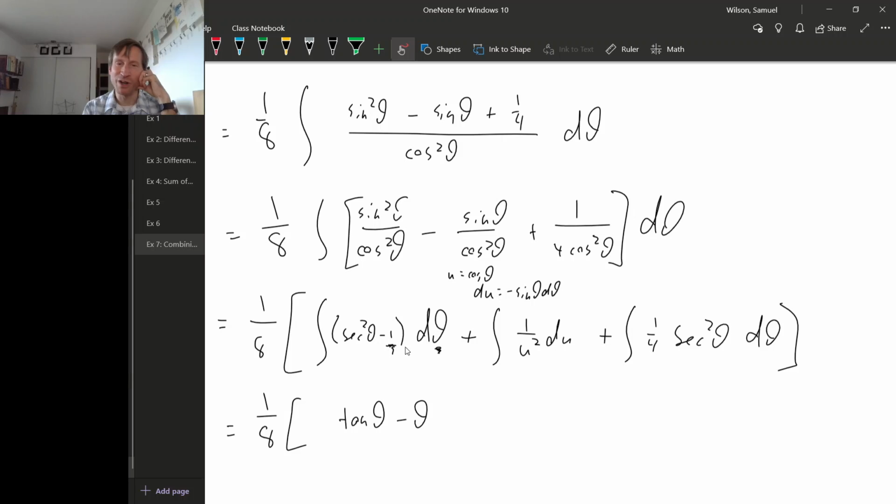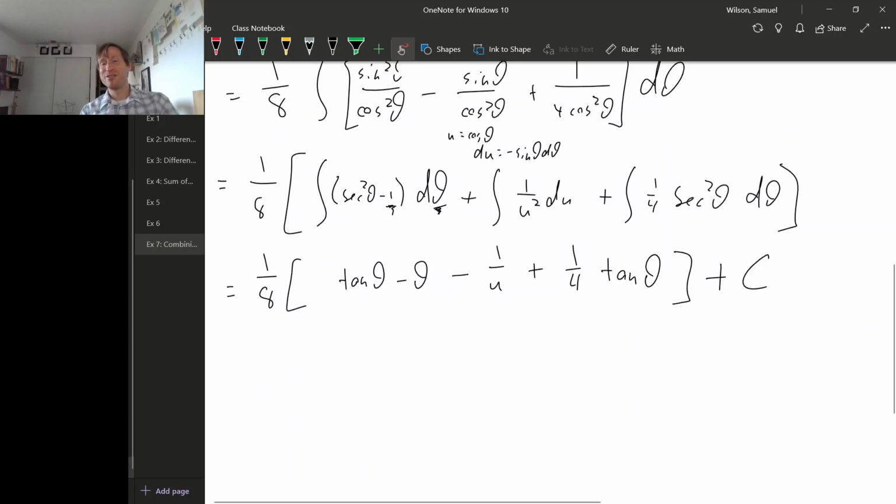So the integral of 1 with respect to theta is theta, plus the integral of 1/u squared, which is minus 1/u, plus 1 over 4 times the integral of secant squared, which is tangent theta, plus a constant.